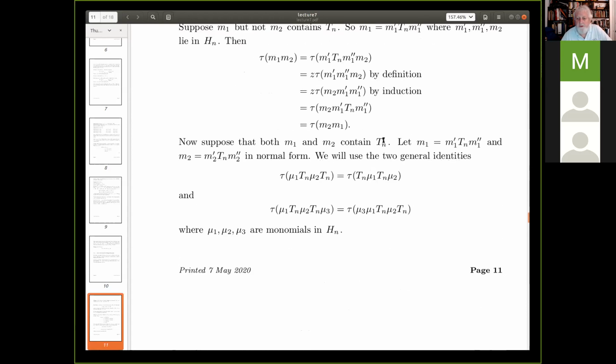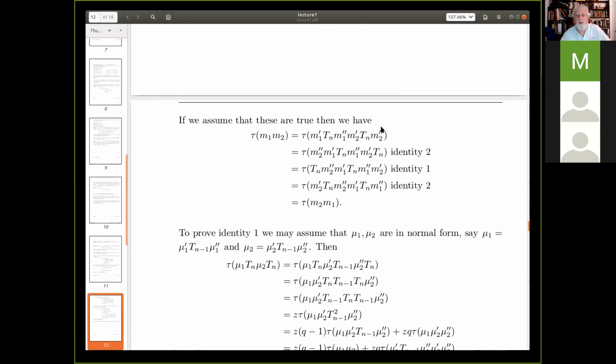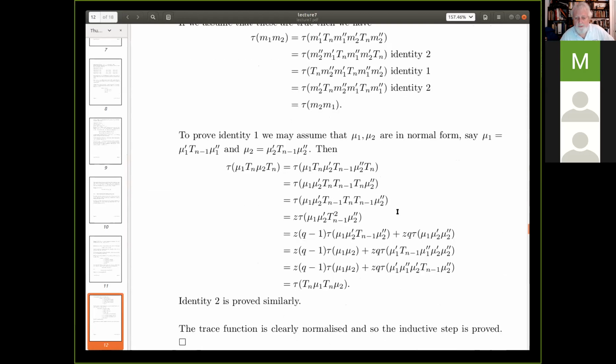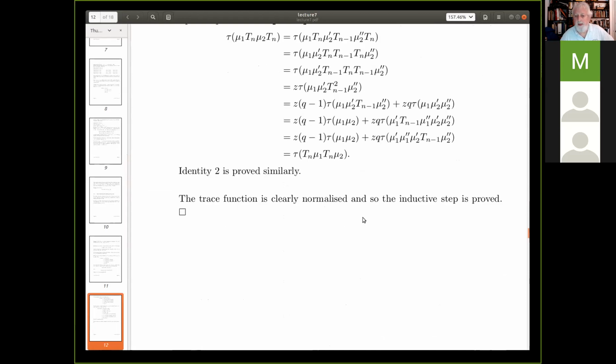And if they both contain Tn, then we use two general identities, that tau of mu1 Tn mu2 Tn is tau of that, where the mu are monomials, and we assume these are true, then we go on like this. So there's a little bit of checking to do, which I won't go into now.